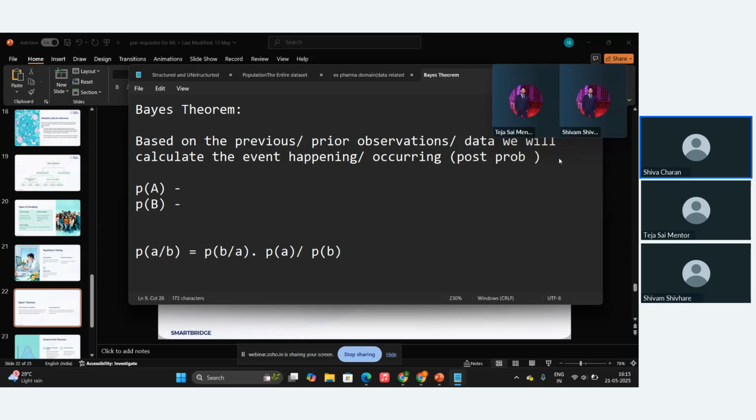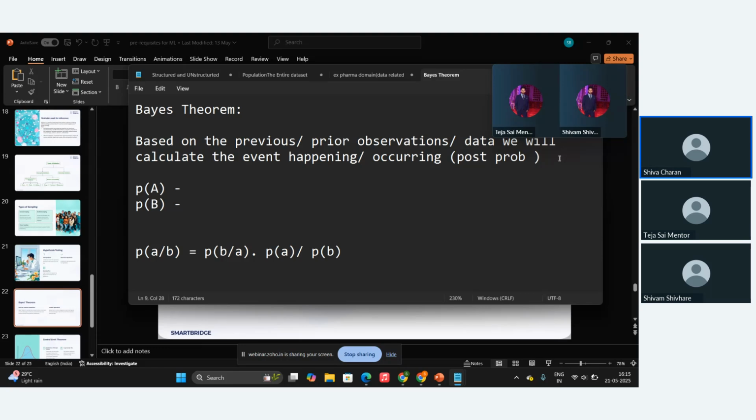But what exactly is P of A and P of B? It is probability of A and probability of B. So let's say in a weather data set we are having two columns, and based on the two columns we will be predicting whether it will rain tomorrow or not.